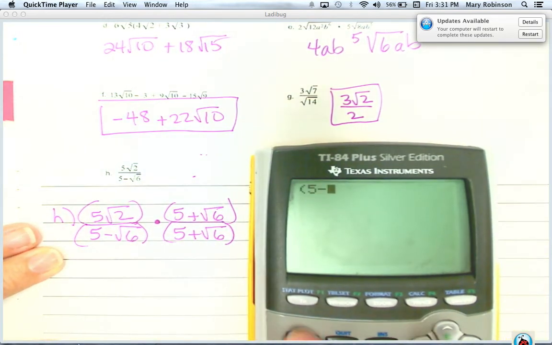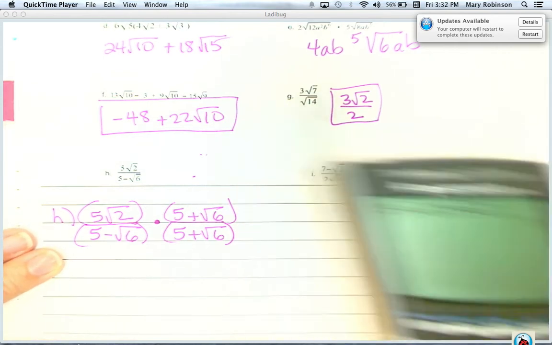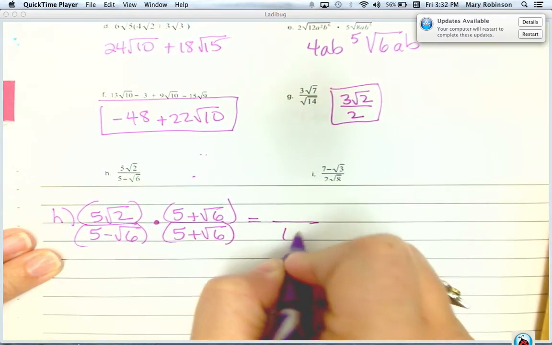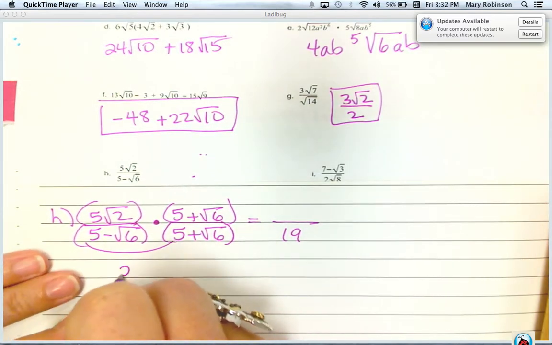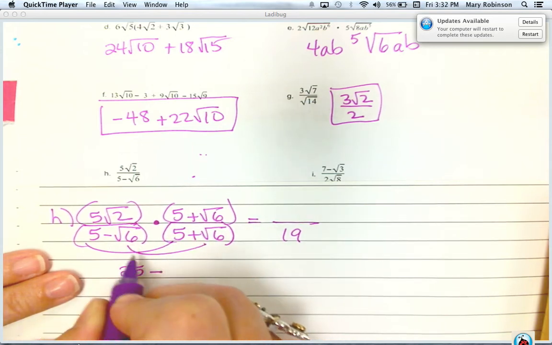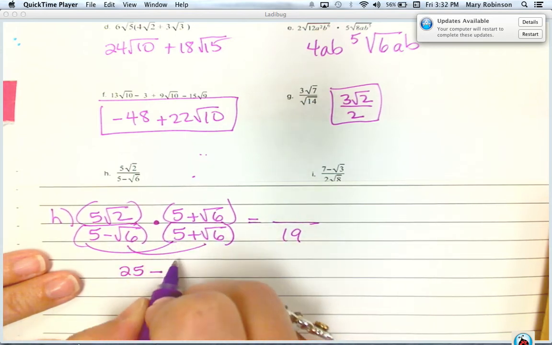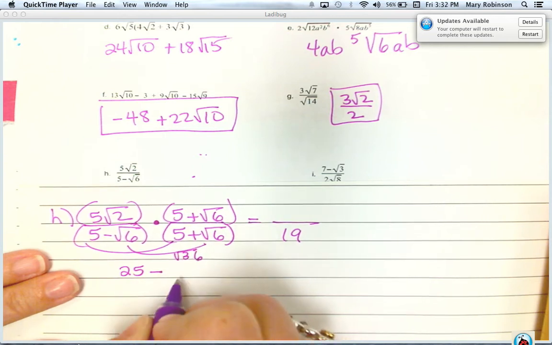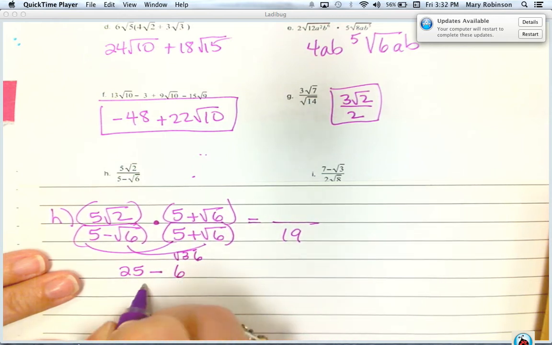So 5 minus the square root of 6 times 5 plus the square root of 6, and we get 19. Now, where that comes from is multiplying 5 times 5 and getting 25, and then positive times a negative is negative. The square root of 6 times the square root of 6 is the square root of 36, which equals 6, and 25 minus 6 is 19.